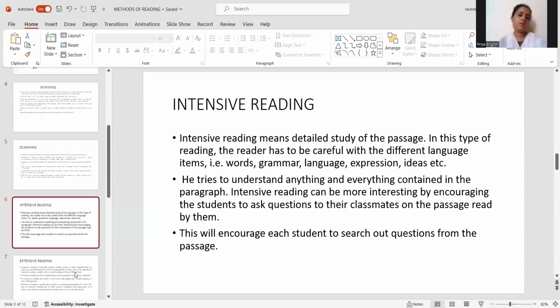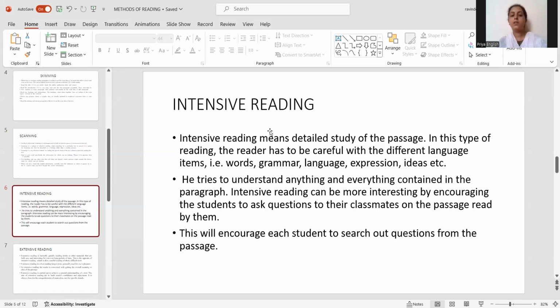And the next method of reading is intensive reading. These are again two methods, called the intensive method of reading and the extensive method of reading. So first, look at the intensive method. Intensive means, as the name suggests, which requires detailed study of the particular text or paragraph. In this type of reading, the reader will do careful reading of the text.